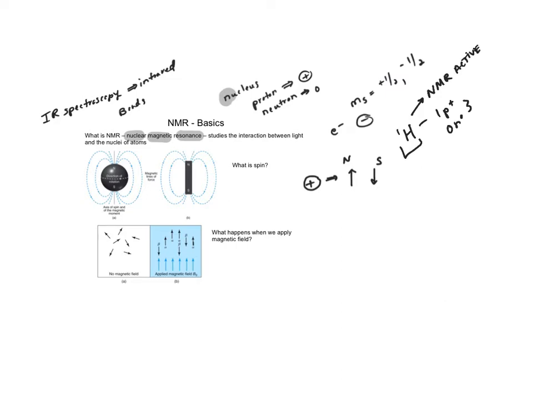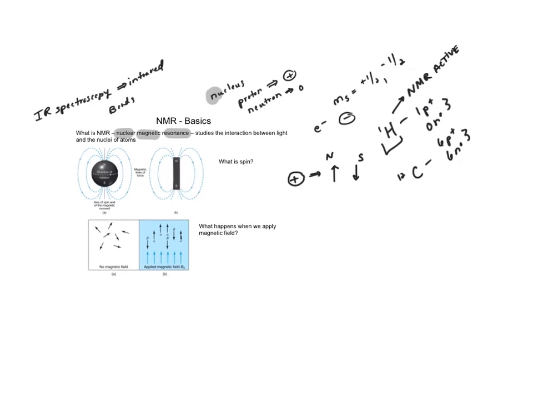What about carbon? Because carbon is another very abundant atom that we use in our organic compounds. What is probably the most abundant isotope of carbon? 12. So carbon 12. Carbon 12 has 6 protons, and then it has 6 neutrons in the nucleus. So is carbon 12 NMR active? Does it have a net magnetic moment?